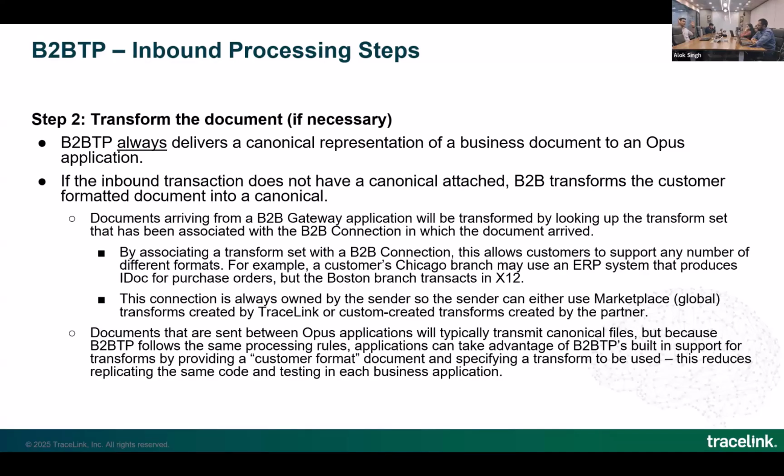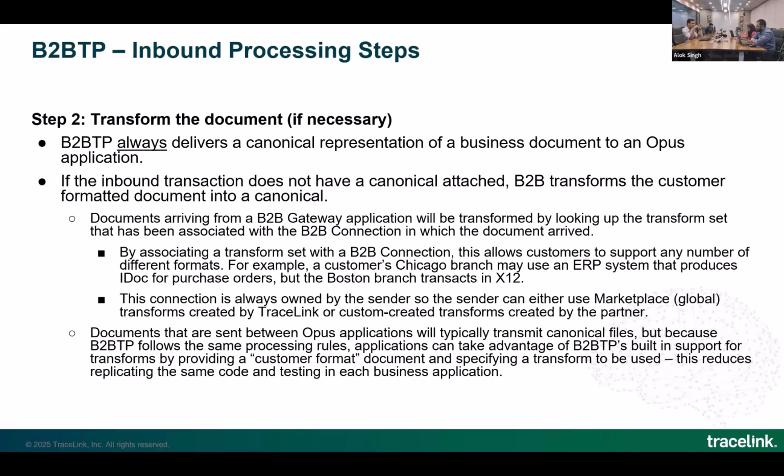So now remember the transform set screen. There is a transform set created and that is associated with a B2B connection. The file is dropped to this B2B connection, right? And there is a transform set associated. B2B also knows what is the transaction type. It will go read into that transform set, what is the transaction type and what is the format, the transform associated with that, right?